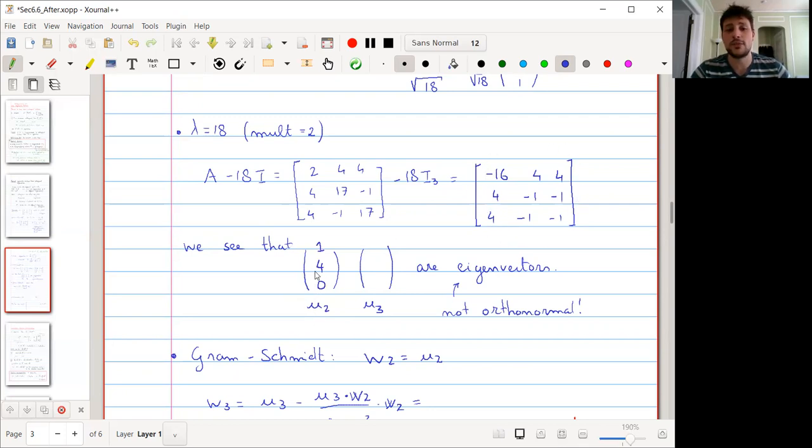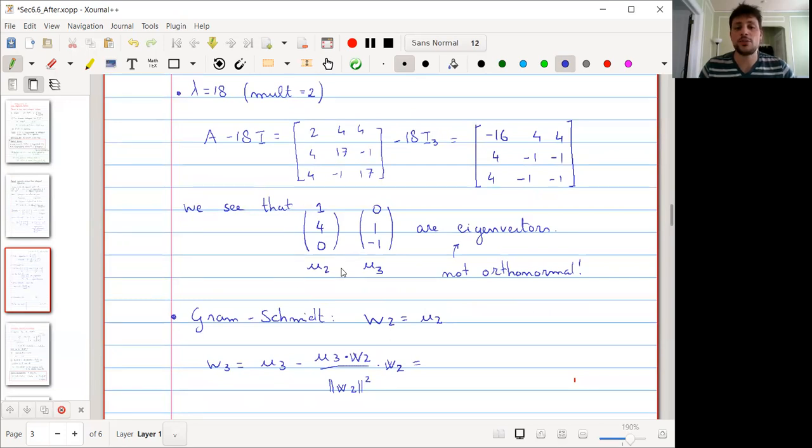In other words, it's an eigenvector of the eigenvalue 18. Another possible eigenvector that I can see from here is that the second and third column are the same. So if I take 0, 1, minus 1, well, that'll give me 0. So it's an eigenvector of this matrix.